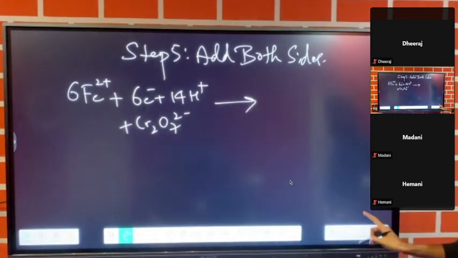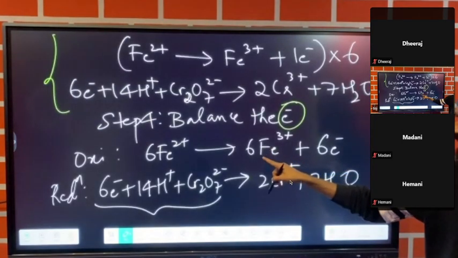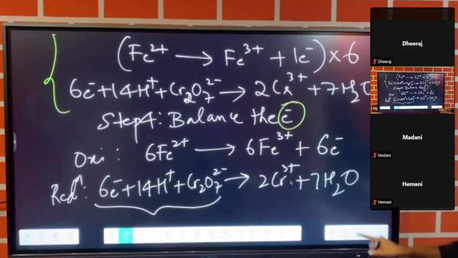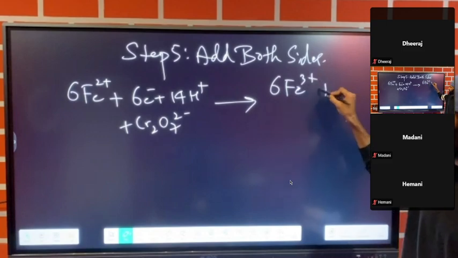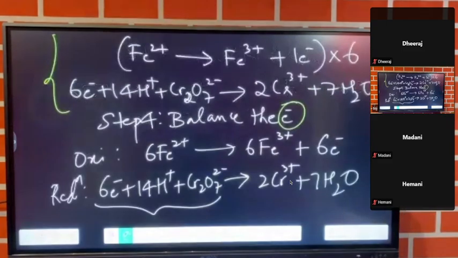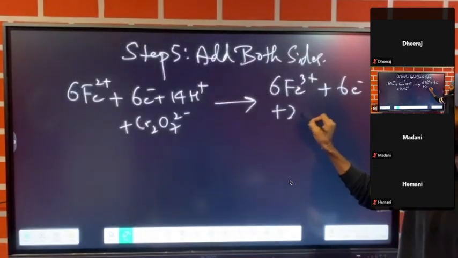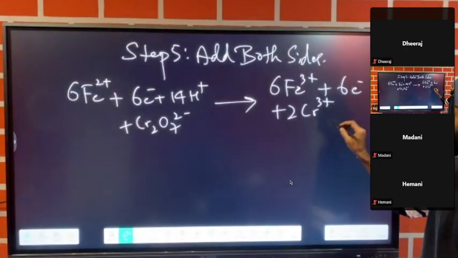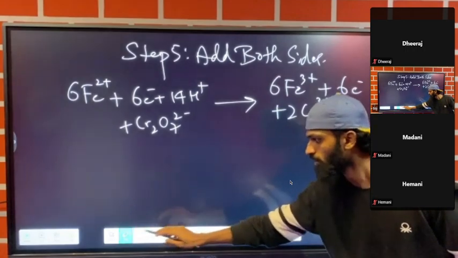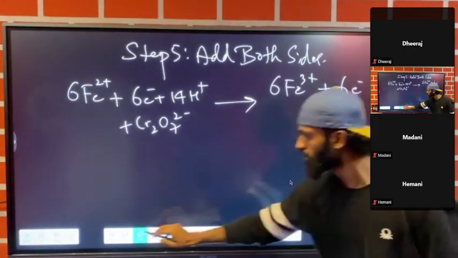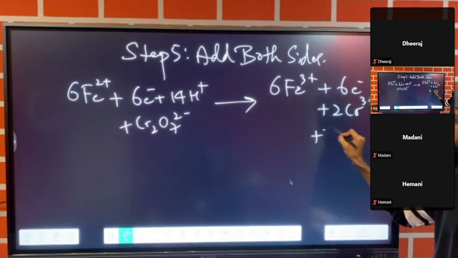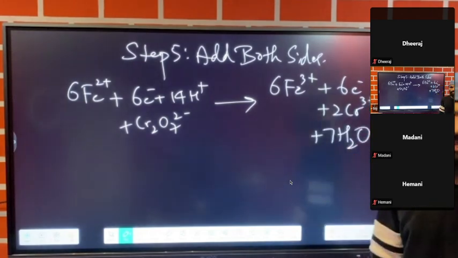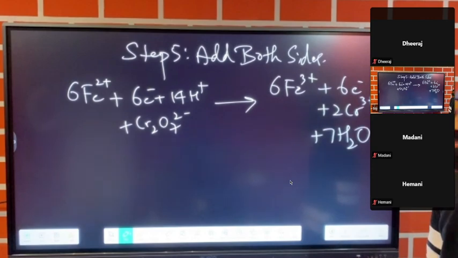Whatever is there on the right hand side, on both the places, copy that. Here, I can find 6 Fe3 plus, 6 electrons. Copy that. 6 Fe3 plus 6 electrons. And this 2 Cr3 plus 7H2O. This is supposed to be my answer, but focus.